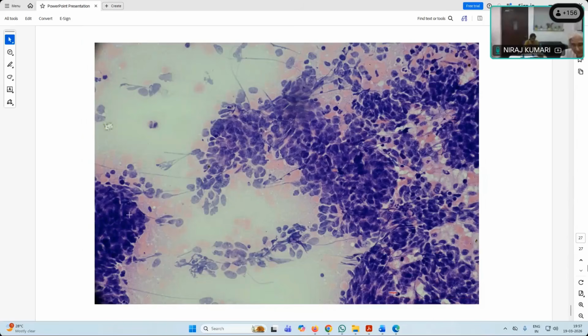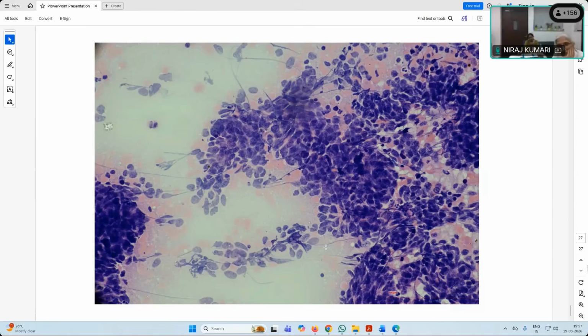What else? What about the nuclear characters? And this is a 62-year-old male. Okay. What is the nuclear molding? Nuclear molding. Okay. What about the chromatin? Hyperchromatic. Okay, it is hyperchromatic, yes.